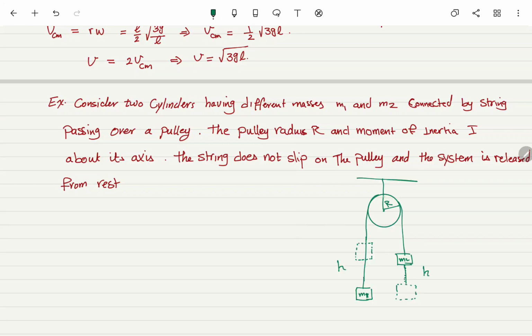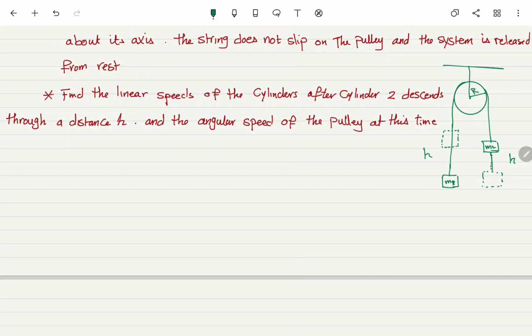This is the pulley here with radius R, and we have here two cylinders M1 and M2. Now M1 drops from height h, as we can see in this case here. The question is, find the linear speeds of the cylinders after cylinder 2 descends through a distance h and the angular speed of the pulley at this time.